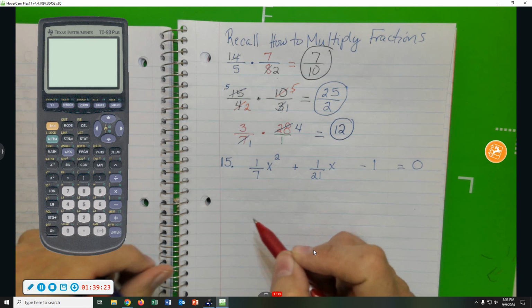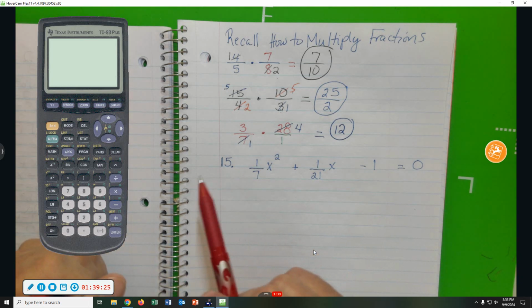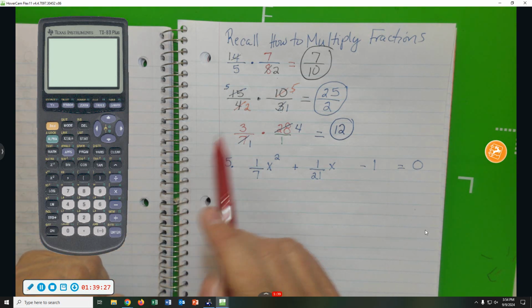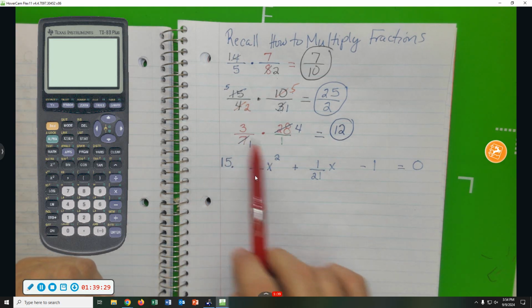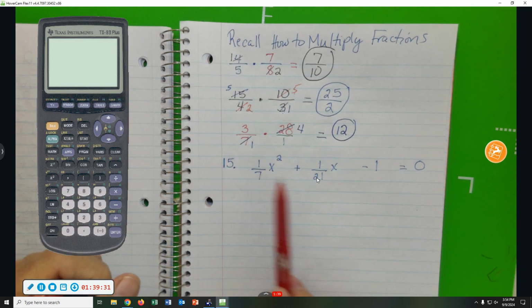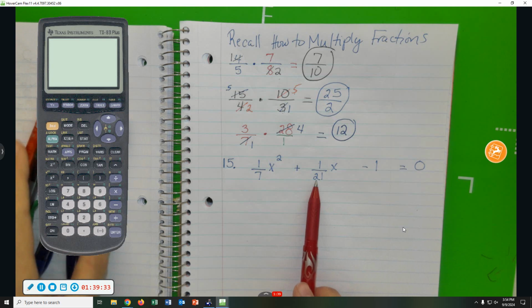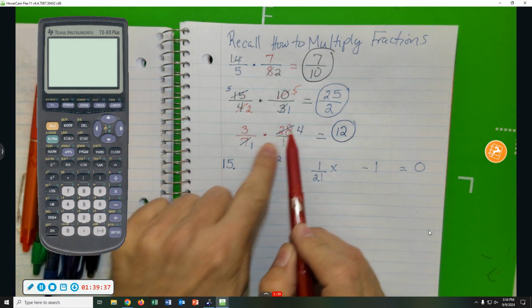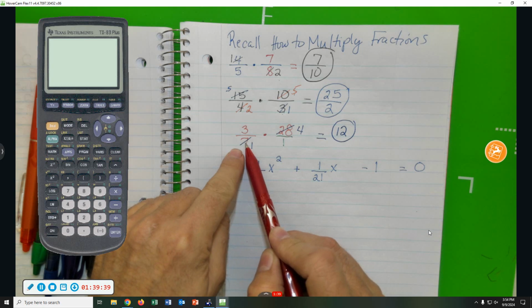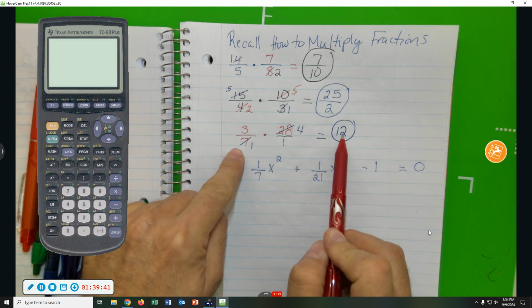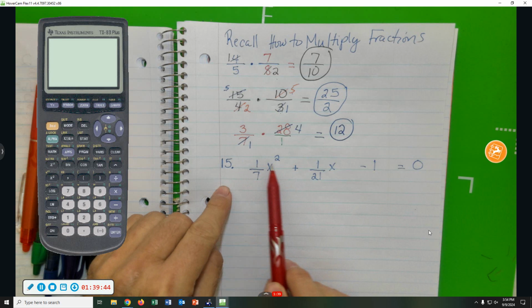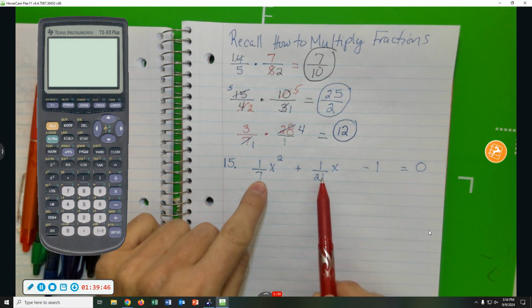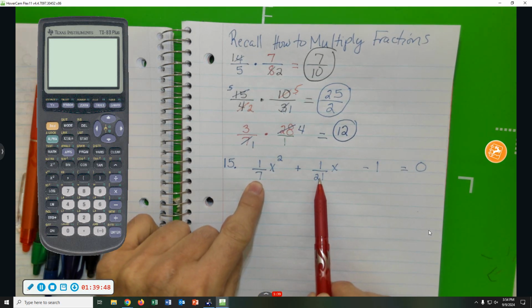So my question is, what's the smallest number that 7 divides evenly into and 21 divides evenly into? Like on this one, I multiplied by 28 and it completely canceled the 7, so we didn't have a fraction. What number can I multiply through by that'll cancel both of these denominators?